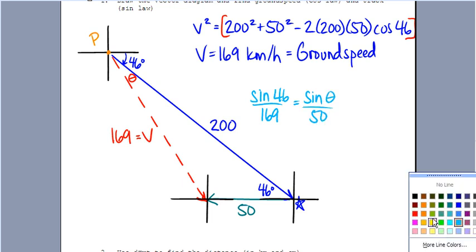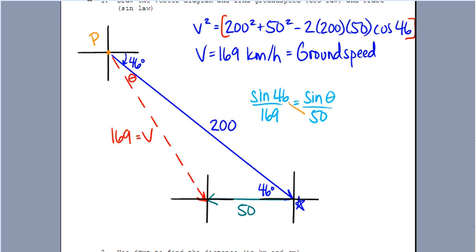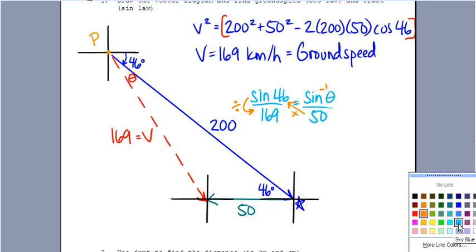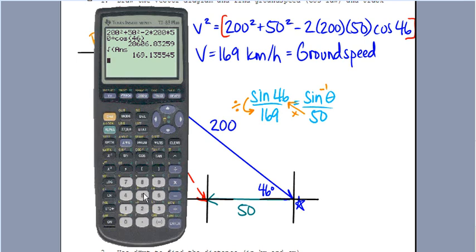We can do the cool little cross multiply and divide. That means multiply diagonally, divide by the leftover. And then you will have to second function the decimal that you get. Don't forget about that part. And if we try that on the calculator, pardon my slowness while I do this.